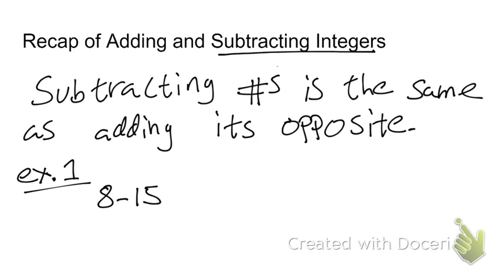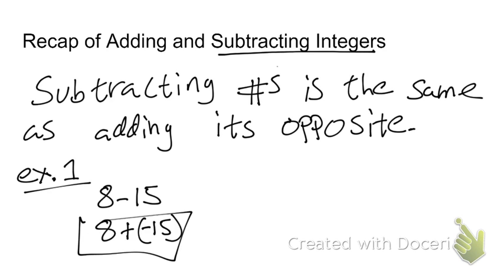So subtracting a number is the same as adding its opposite. So right here, we're subtracting 15, right? You should know that subtracting 15 is the same as adding negative 15. So whenever I go over these problems, I'm going to rewrite my problems into an addition problem, just like we do there.